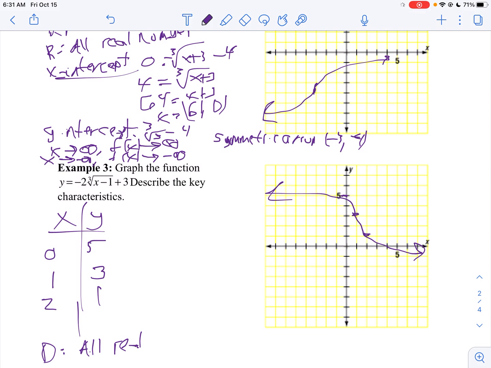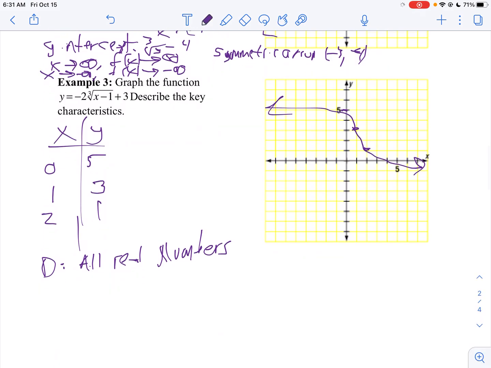Okay, so my domain is all real numbers. My range is all real numbers. Then let's look at our x-intercept. My x-intercept is when y is 0.